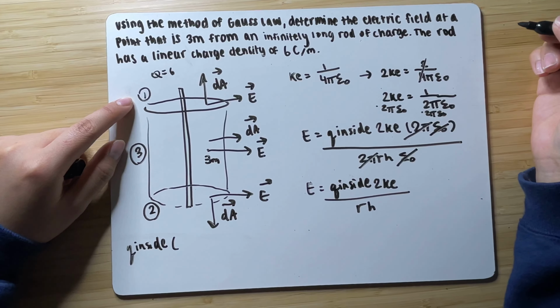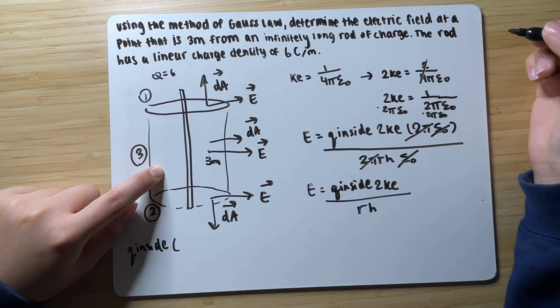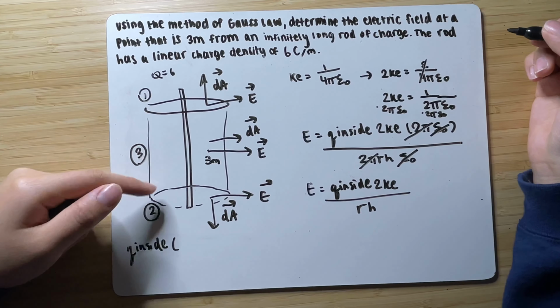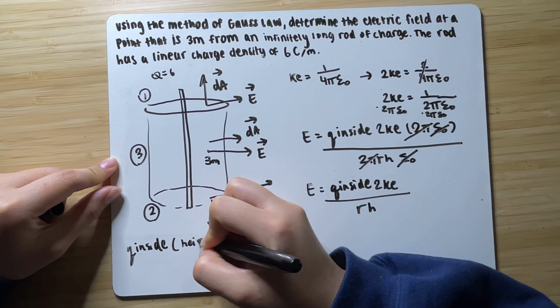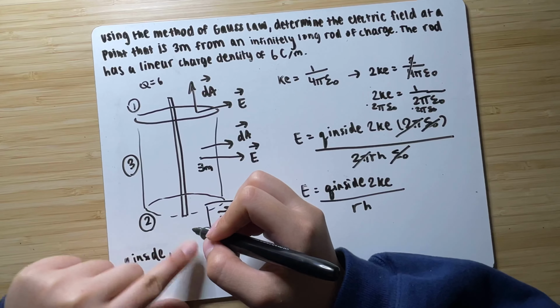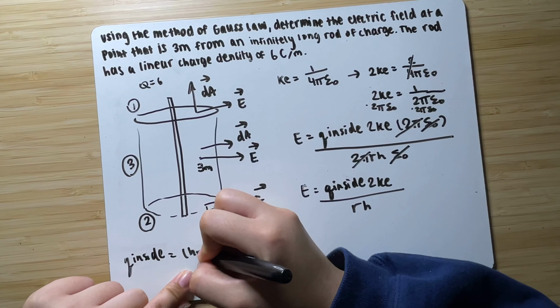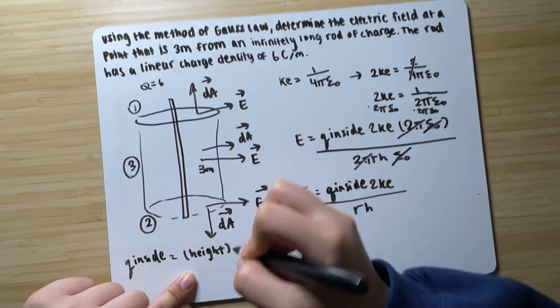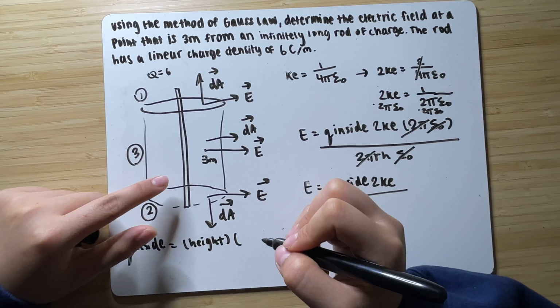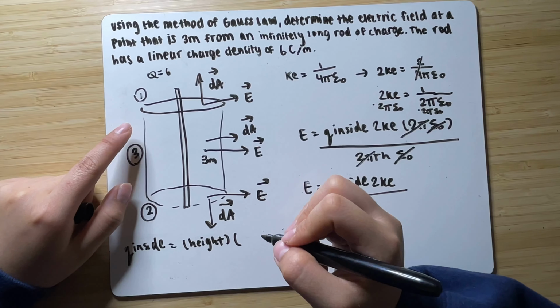Now, the charge inside is going to be the height of this cylinder multiplied by the linear charge density.